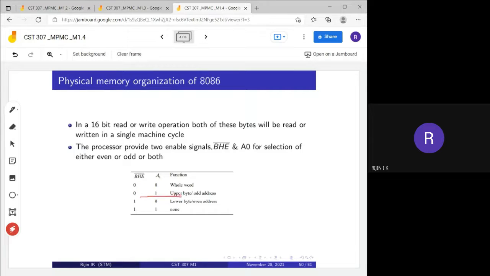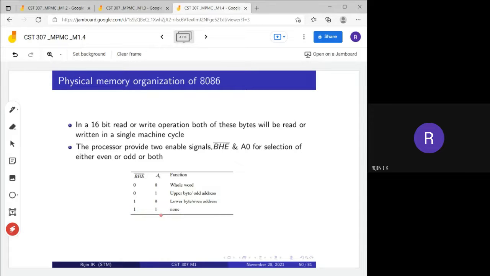It is accessing odd address data. The upper byte is being accessed, meaning the information at the odd address is accessed. Then if it is 10, it is accessing the lower byte or even address, data is accessed from the memory bank at the even address. Or if both are 1, it is not accessing anything.